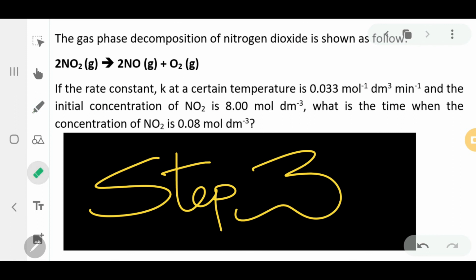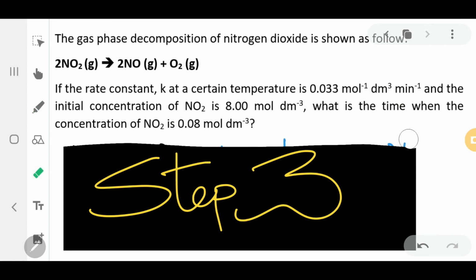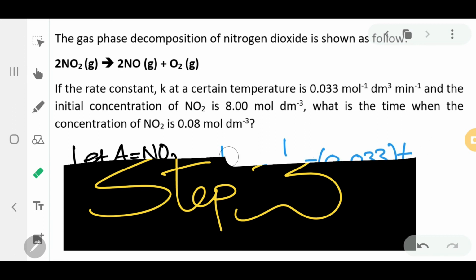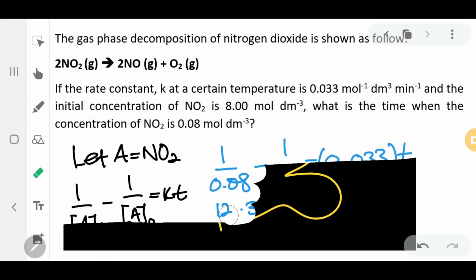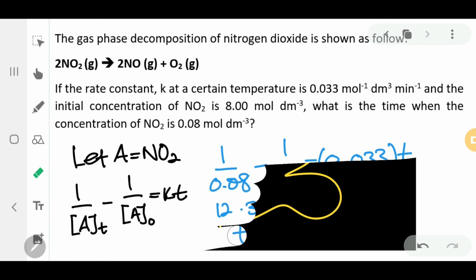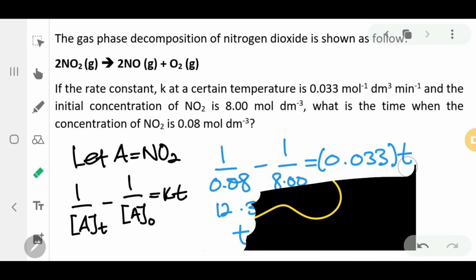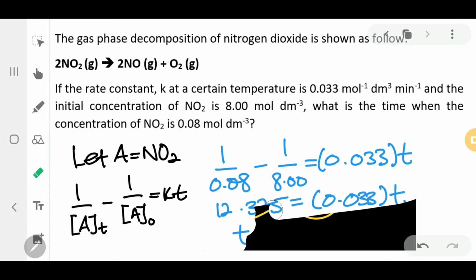Step 3, the final one, substitute all the values inside, but first, always remember to let A equal NO2. You need to define what A is. That will give you 1 mark. And then you substitute all the values inside and you'll get something like this.